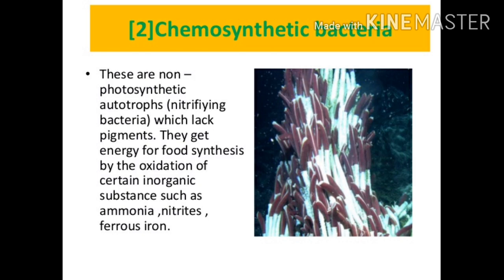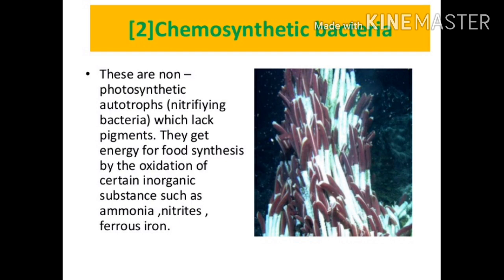In photosynthetic bacteria there is an involvement of different kinds of pigments, but in chemosynthetic bacteria there are no pigments present, and that's why they feed on the oxidation of certain inorganic substances. So this was about the chemosynthetic bacteria.